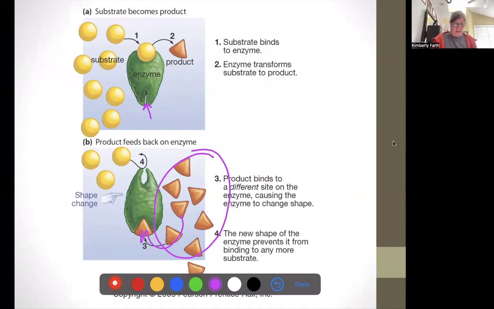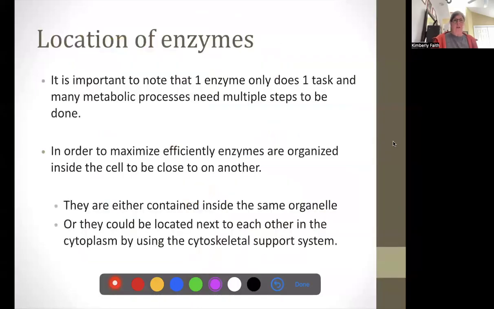All right. And then, of course, as these move off and are used for the next chemical reaction, then your concentration goes down because, again, these don't stay in. And now that binding pocket will open up and we'll be able to make more orange pies. Okay. The location of enzymes. It is important to note that one enzyme does only one task.